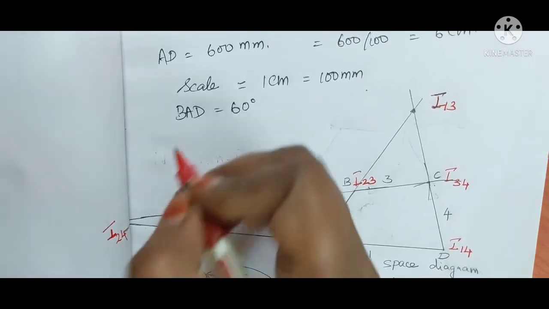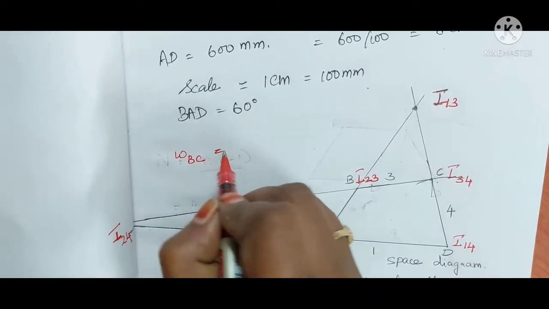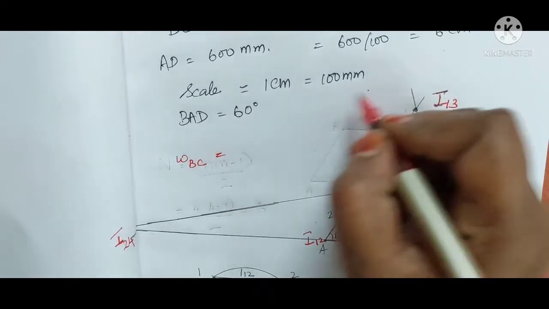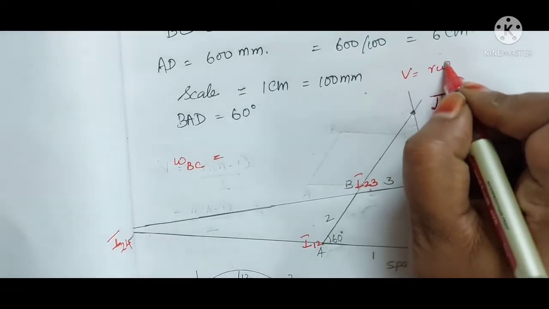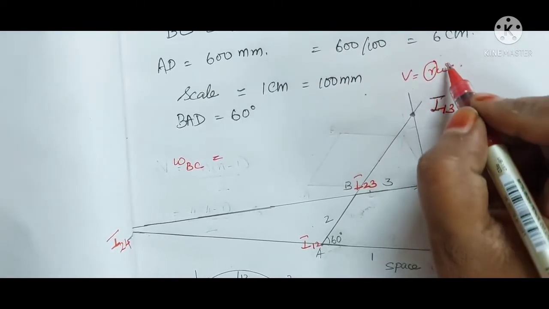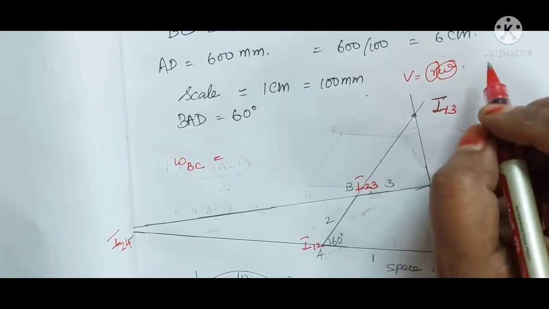Now what is omega BC? Omega BC with respect to instantaneous centers we can take from V equal to R omega. Here R is the distance from the instantaneous center to that link point, and omega is the angular velocity of the link.